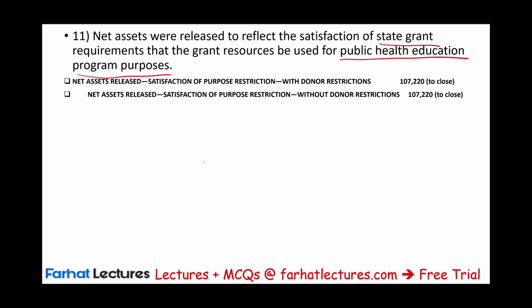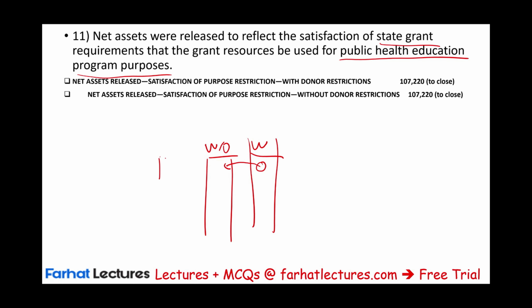So remember on the statement of activities, we have without and with donor restriction. What's happening is part of this amount is being moved from with donor restriction to without donor restriction. They're both revenues.